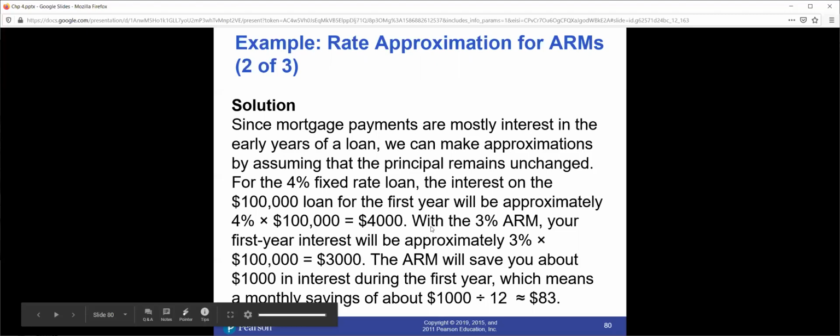About $4,000. There's $4,000 worth of interest accrued that you pay on that loan. With the 3% adjustable, well, it's $3,000, right? However, the adjustable rate will save you about $1,000 in interest during that first year, which means you're saving about $83 a month by going with the adjustable.